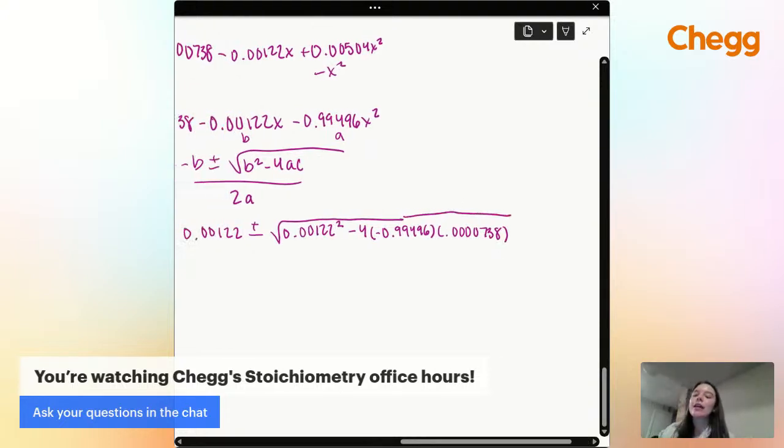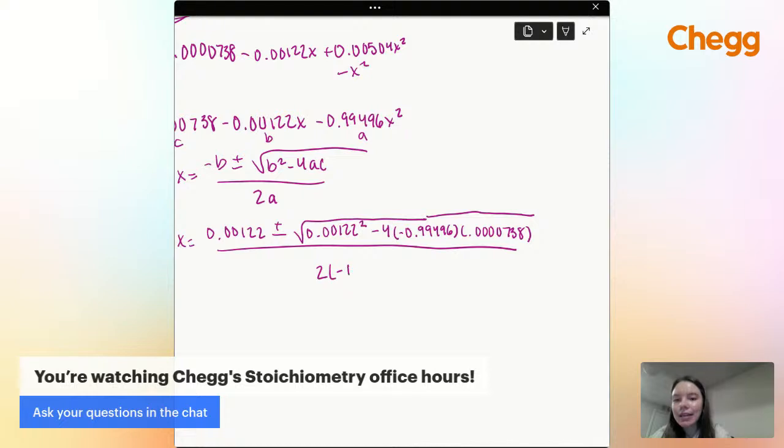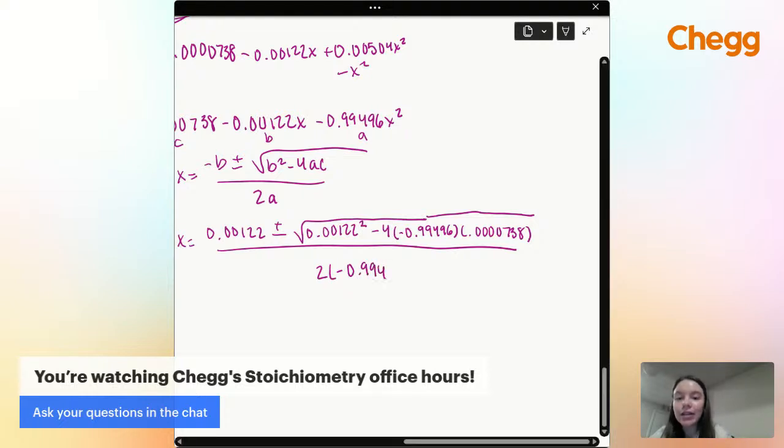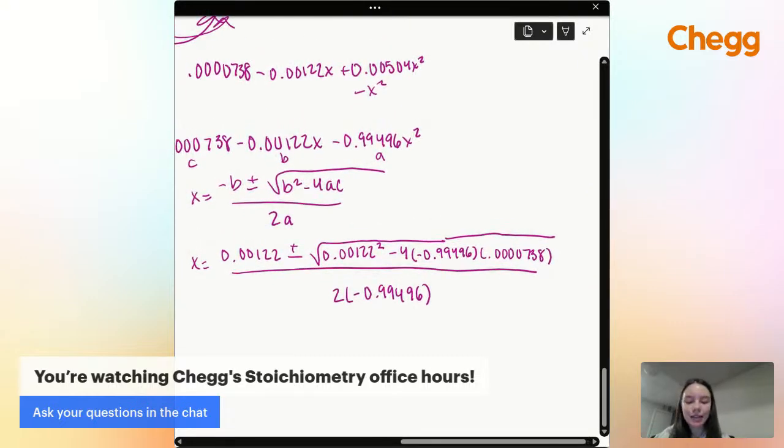So that's our x equals negative b plus or minus the square root of b squared minus 4ac. And then 2 times negative 0.99496. That's a.